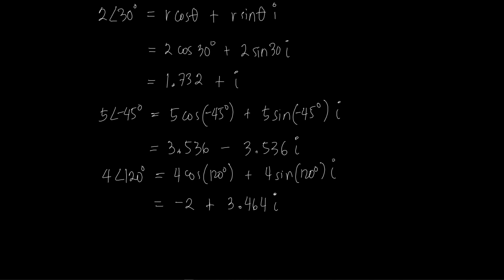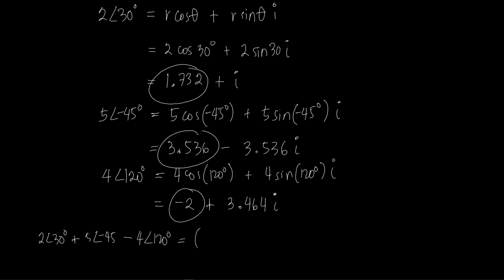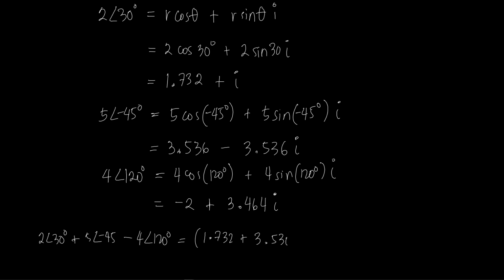Yes, sir. So now we can directly perform the addition and subtraction. For 2 angle 30 plus 5 angle negative 45, then minus 4 angle 120, you just add this and subtract that. For the a part, we have 1.732 plus 3.536 minus negative 2.